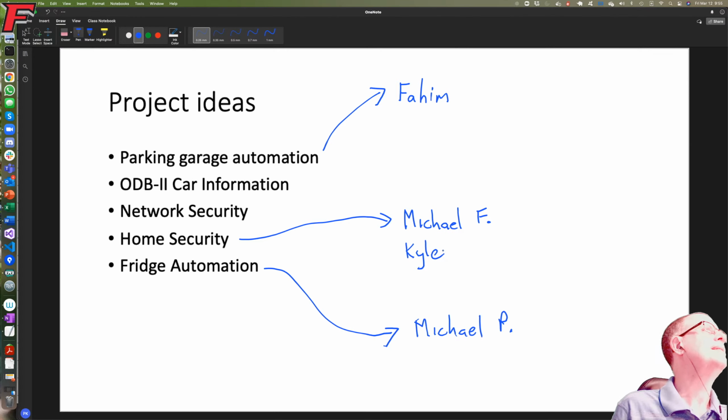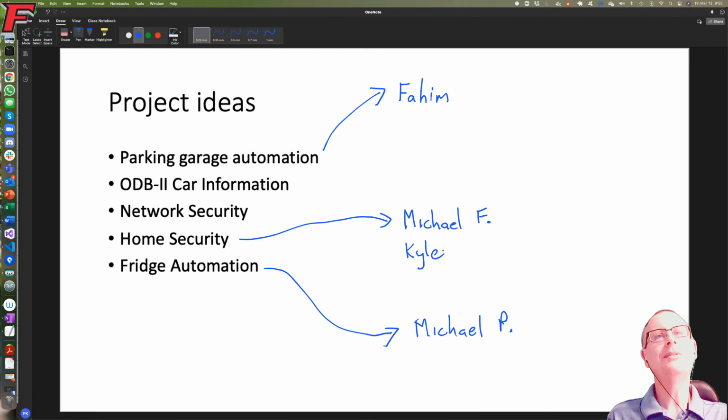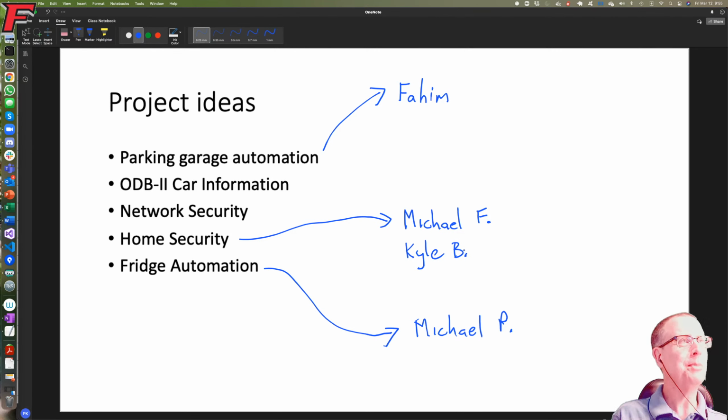So who's next? Kyle Fields. Any thoughts? What project do you want to do? Ooh, I like the parking garage automation one. Okay. First. Very good.